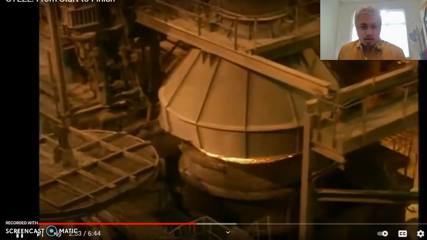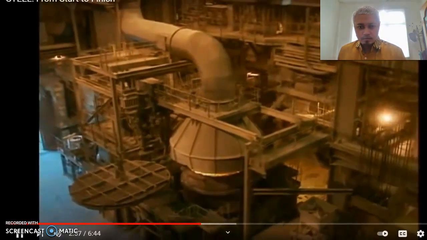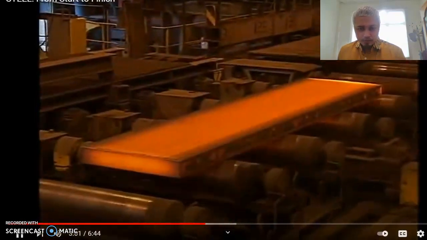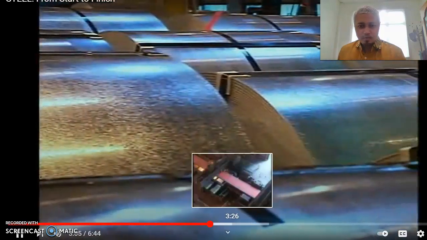This is the molten steel, and then the molten steel will be transferred to another container. So this is the separation part, where the final product is produced.